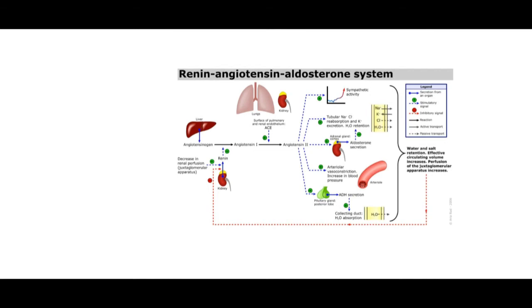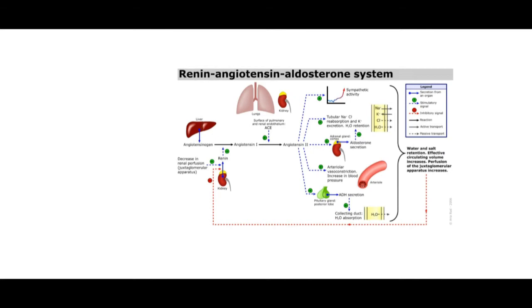Remember we said that there's some that comes from the kidney, but most of it comes from the lungs for your ACE. The liver produces angiotensinogen, your JGA are going to produce the renin. So this whole cascade is really important in the overall function of helping to regulate your volume.